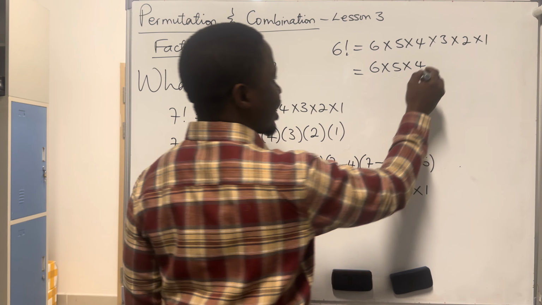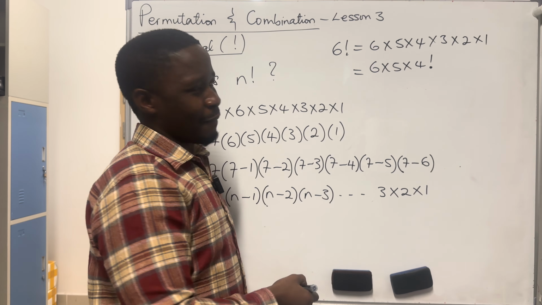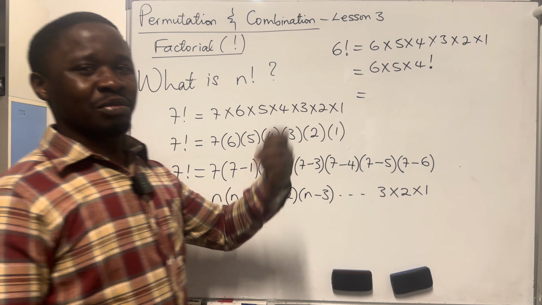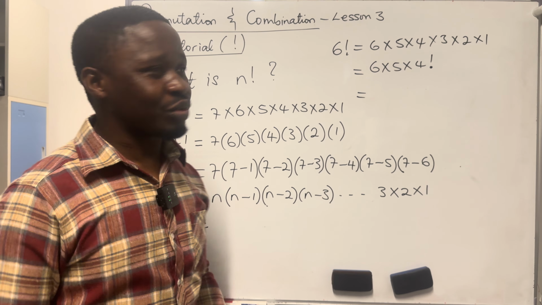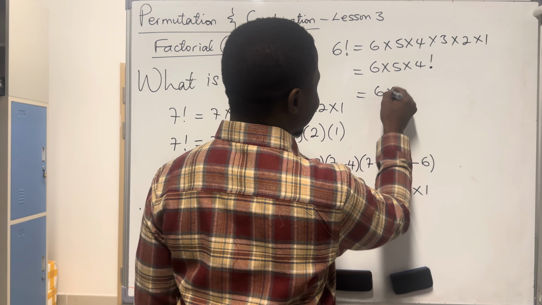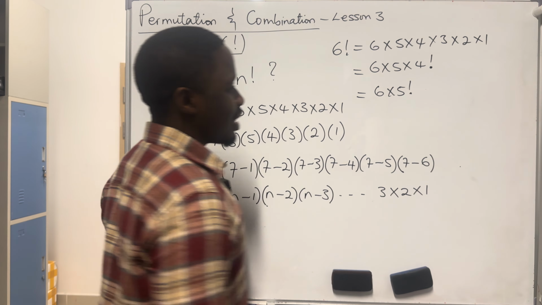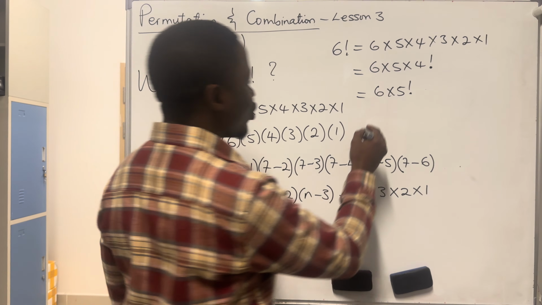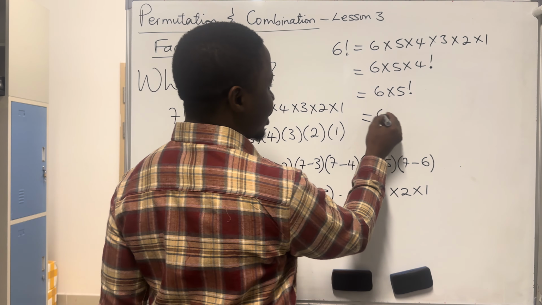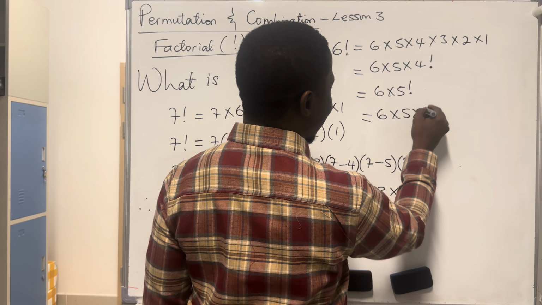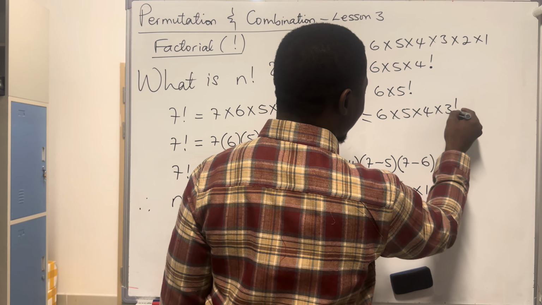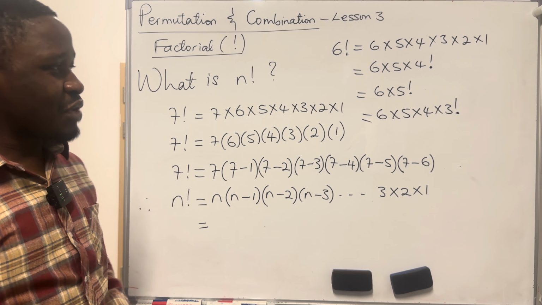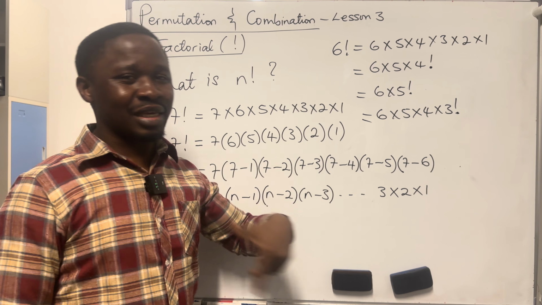The only thing is there must be a factorial. Maybe student B can say, no, I don't even want to get to 6, I'll just say 6 times 5. Student C can say, no, I like writing more, let me say 6 times 5 times 4 times 3. I stop here. The most important thing is if you don't get to 1, indicate the factorial.